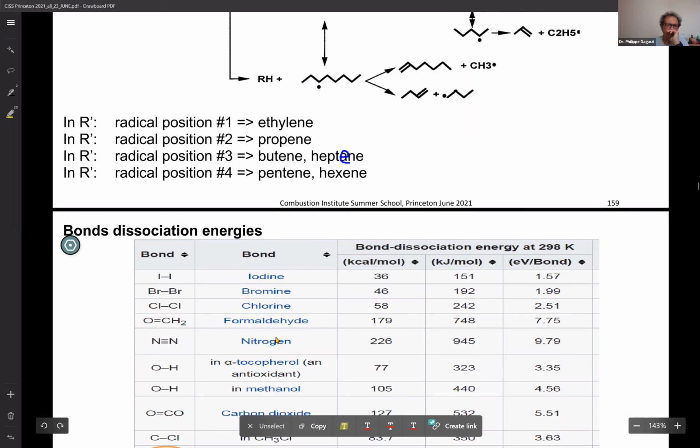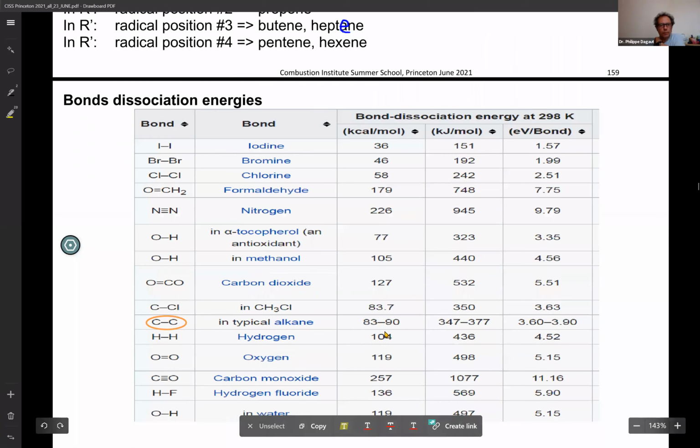So typically in alkanes, the CC bond dissociation energy is up to 90 kcal per mole. The CH bond energy is higher, at least around 100 kcal per mole.